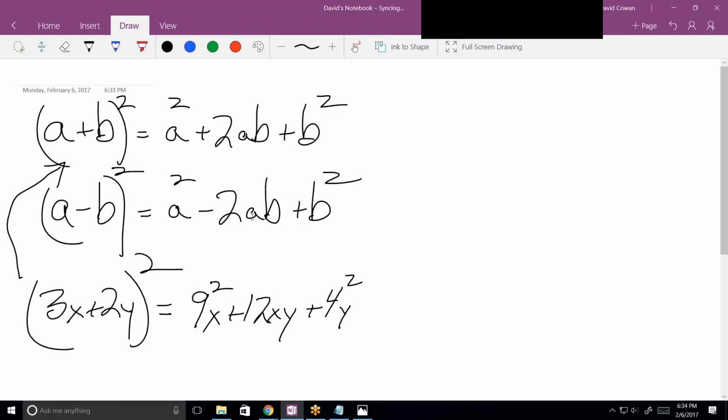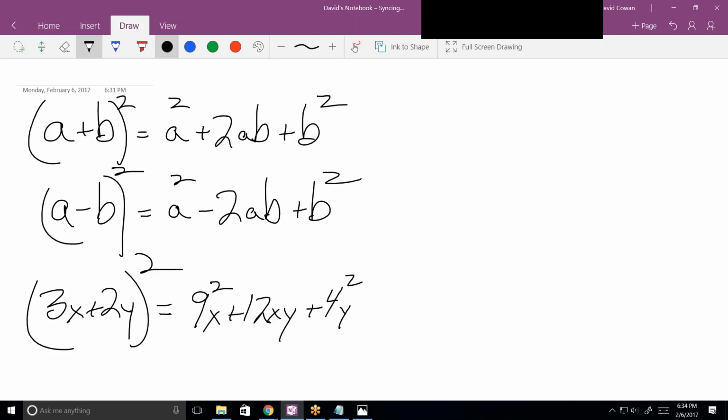These two formulas here are well worth memorizing. You might get problems in all kinds of manner. You can't always be sure that you're going to get the left and have to solve for the right. Sometimes they'll give you the right, and you've got to solve for the left, like the problem I just put up.